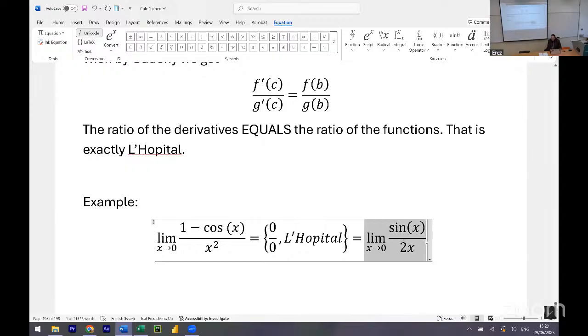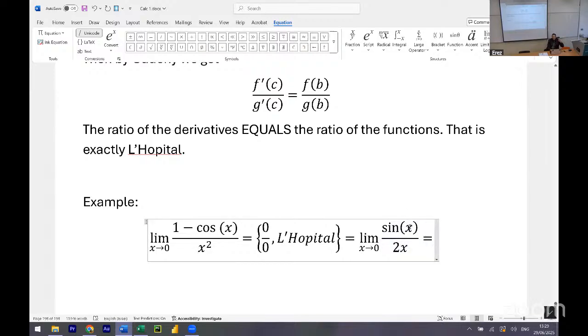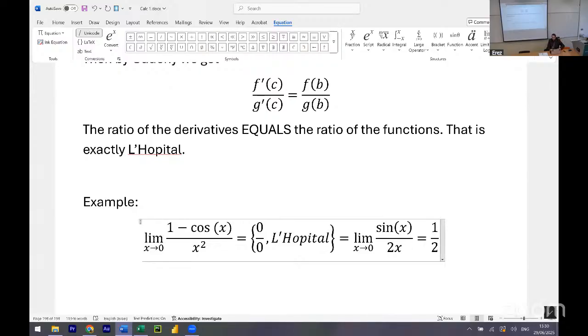And what is that limit? 0 over 0, but now you have sine of x over 2x. It's a lot of work to get the limit of sine of x over x. What's the limit of sine of x over x? 1. So what is the limit here altogether? Half. You can do L'Hopital again, but it's silly, because for L'Hopital, you need to know the limit of sine of x over x.